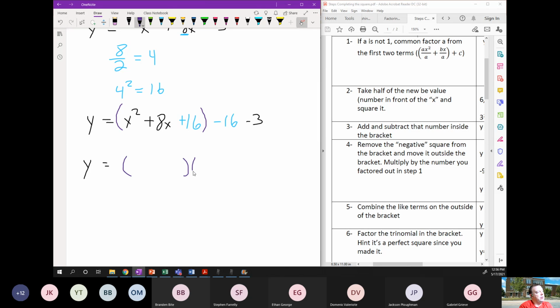Can anyone factor this purple bracket for me? The 2 things that multiply to make that and multiply to make that. What's my numbers there?